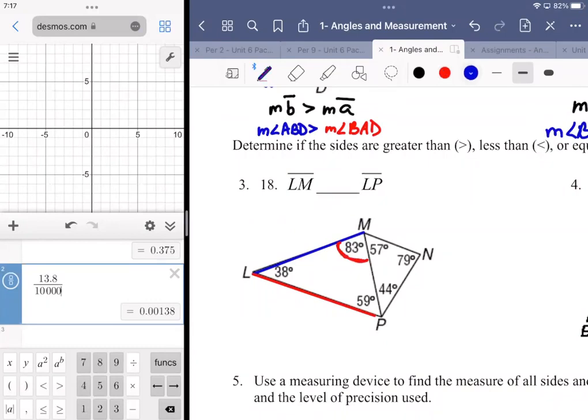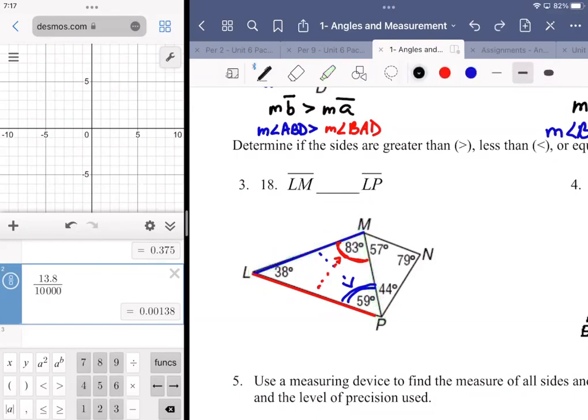But I'm also looking for the angle that's opposite this side, which, if I follow the path, is going to put me down over here. So we have a relationship in terms of the angles. In order to name it, I'm starting here at L, going to M, and then ending up at P. All right.